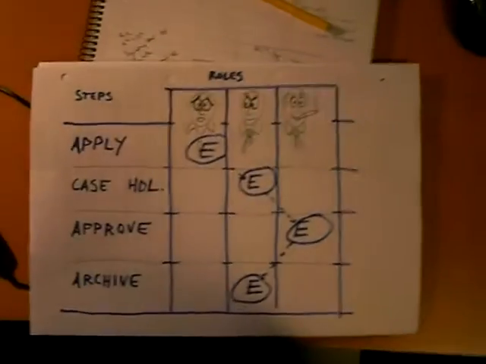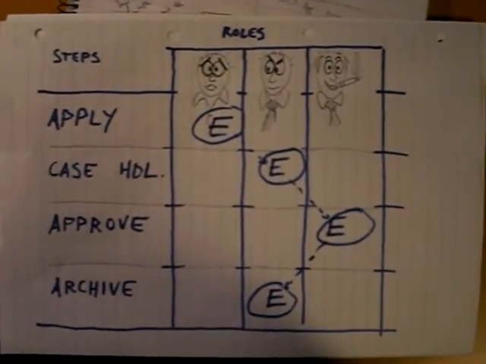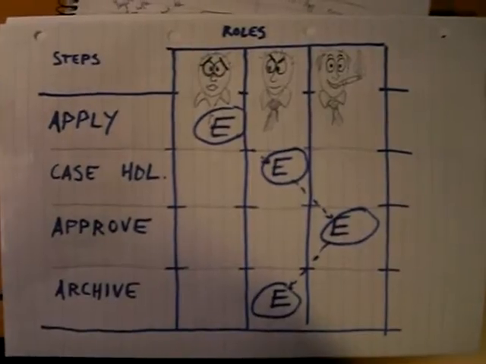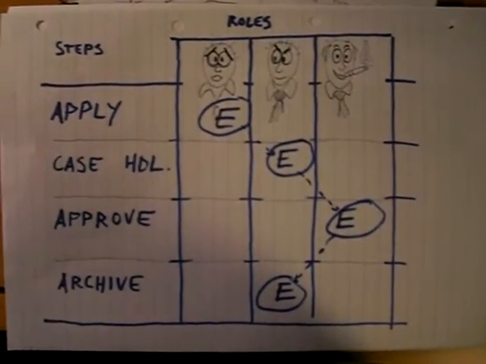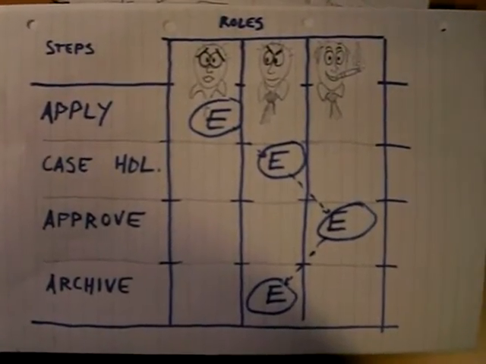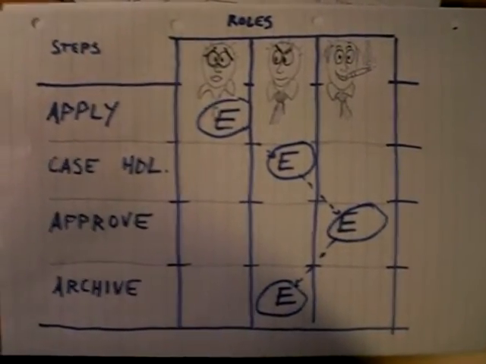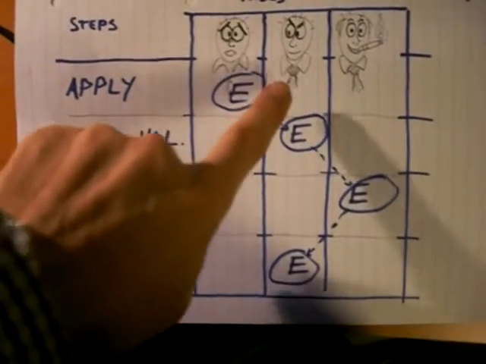If you design a workflow in a matrix like the one you see here, then you have 4 steps to the left: apply, case handling, approve, and archive. And you have 3 roles which have a column each. One is the applicant, who is this person. One is the caseworker, who is this person.